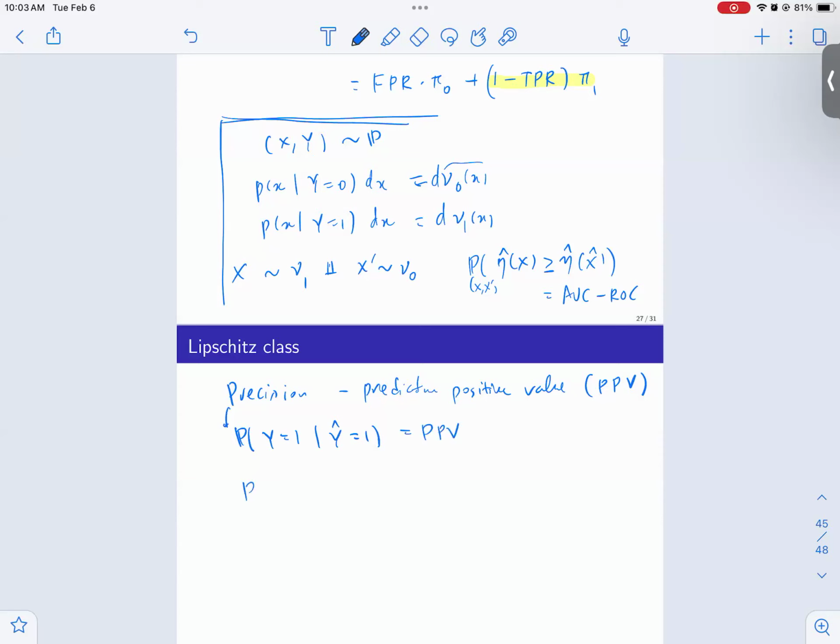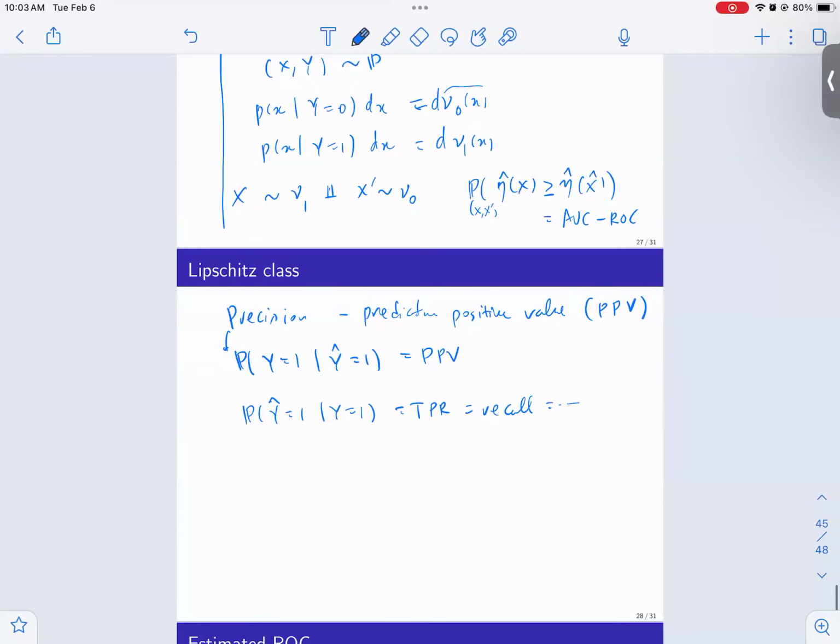And then the probability of y hat equal 1 given y equal 1 is just the true positive rate, or recall, or many other names. So one of the things that people often plot is precision versus recall. They call it the PR curve, precision versus recall.